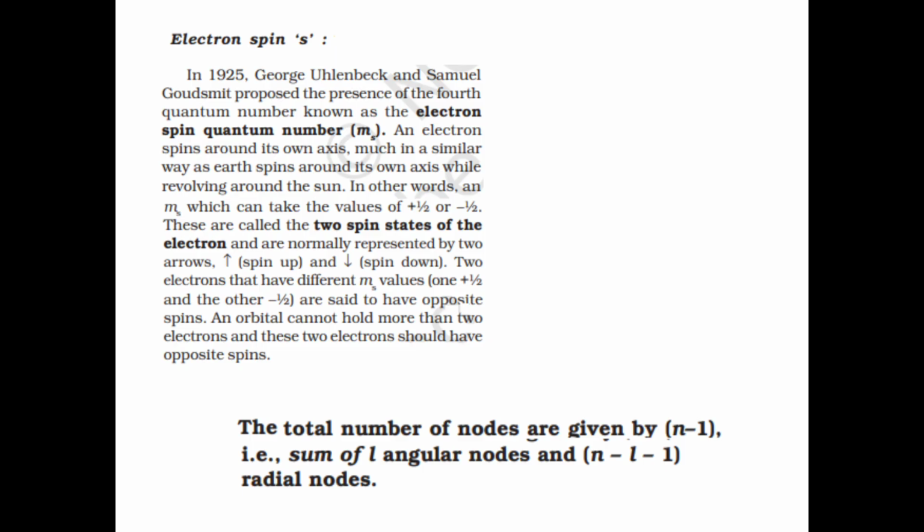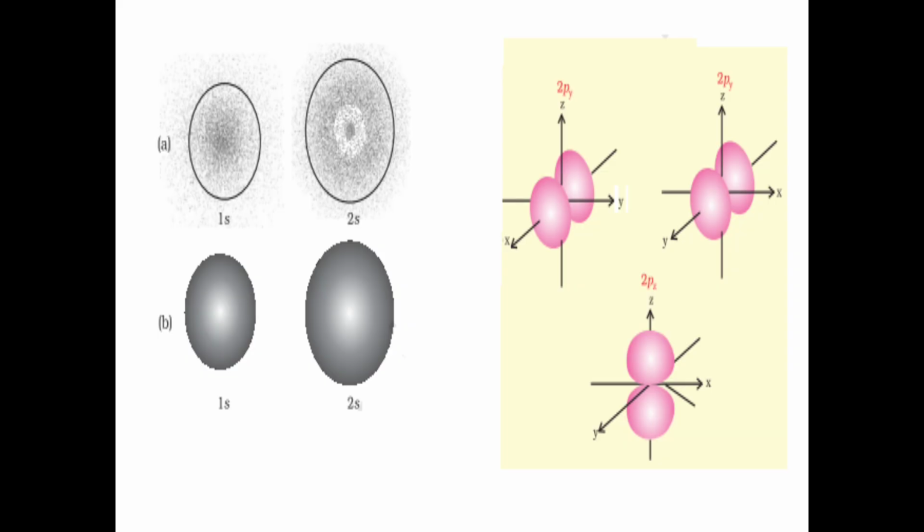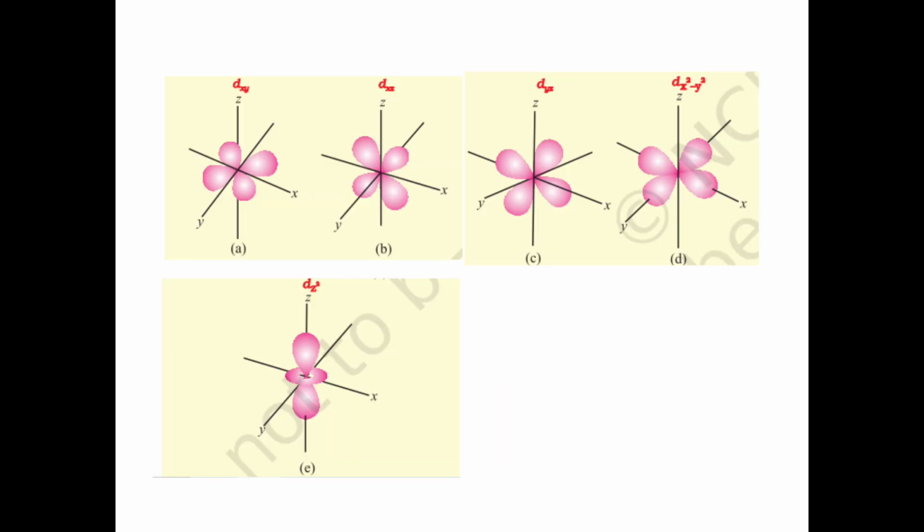The total number of nodes is given by n minus 1. The number of angular nodes is given by l, and the number of radial nodes is given by n minus l minus 1. These are the pictures of the 1s orbital, 2s orbital, and 2px, 2py, 2pz orbitals.